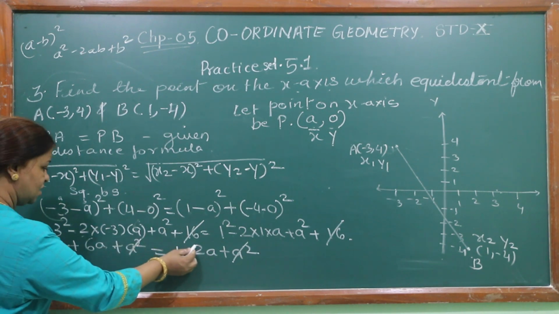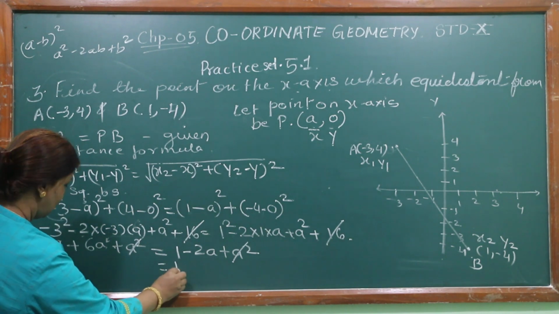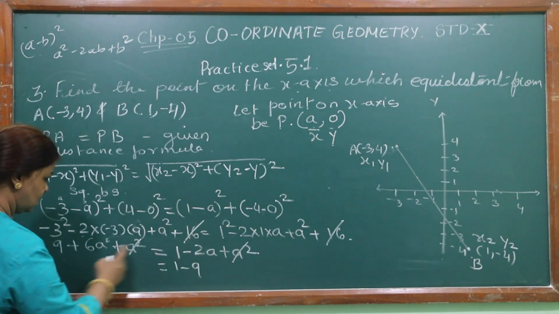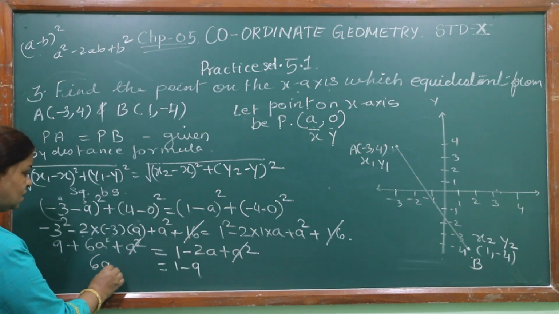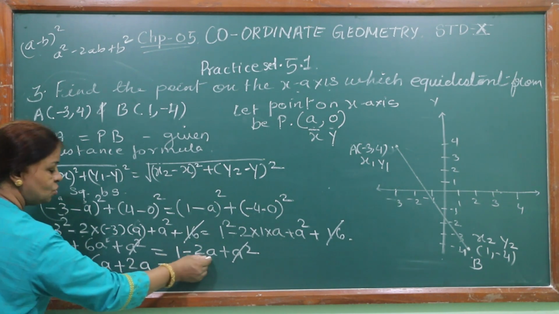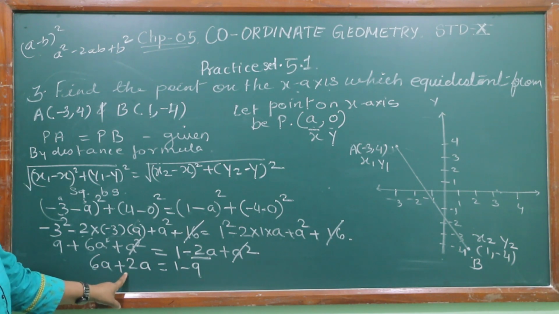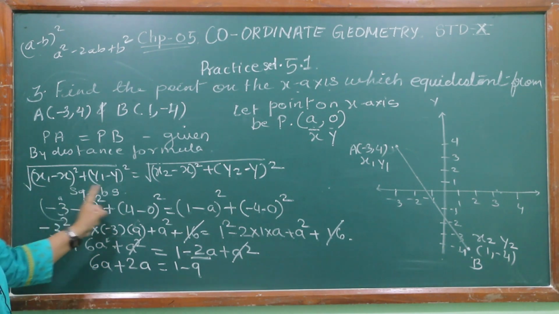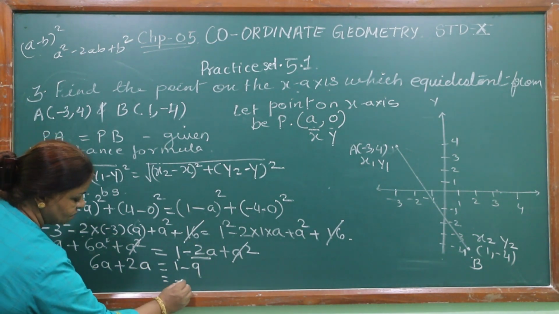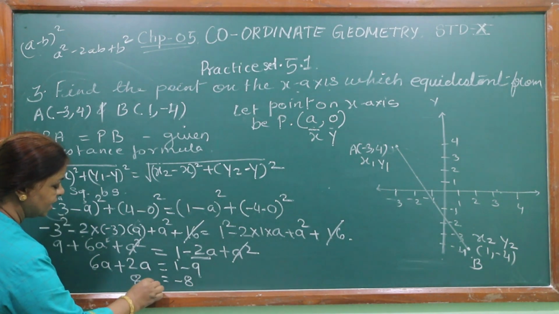So I'll shift 2a to this side and 9 to that side. 6a plus 2a, since minus 2a will become plus 2a, and 9 will go to that side and become minus. 1 is already there, so 1 minus 9 is minus 8. 6a plus 2a is 8a.